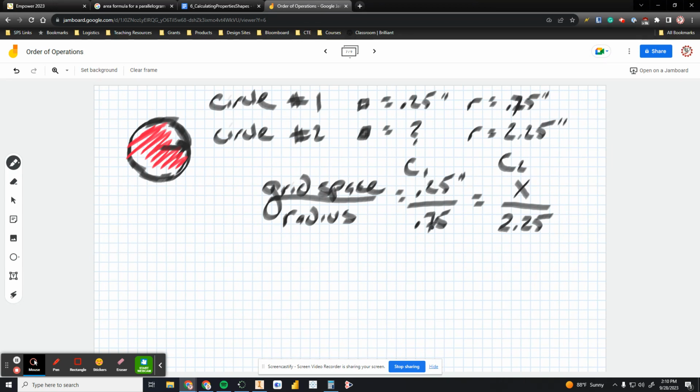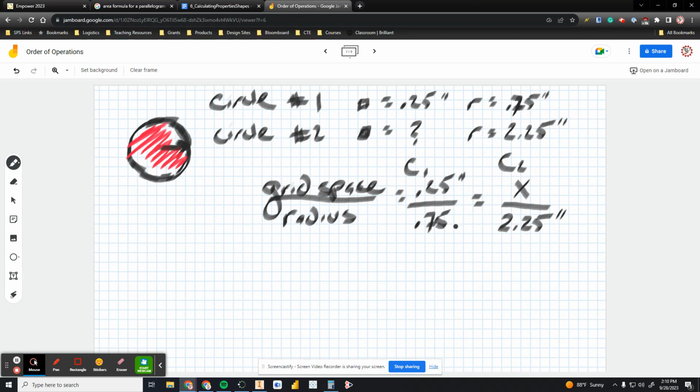We know what the radius was for circle 1 because it was given. For circle number 2, we found our new radius to be 2.25 inches, and we have to now figure out what one of these little squares equals now. So we are doing grid space compared to the radius, grid space to radius.